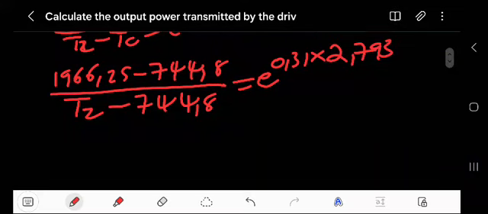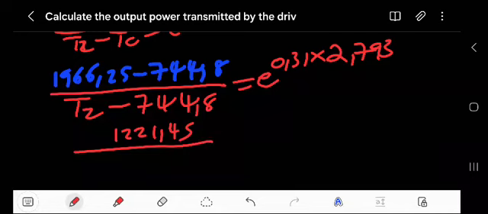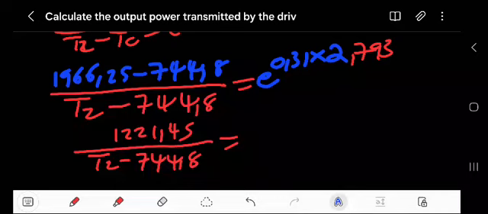Then you do your things there on top. If you subtract there, you get 1221.45. We have T2 minus 744.8. Then also punch that, 2.377.